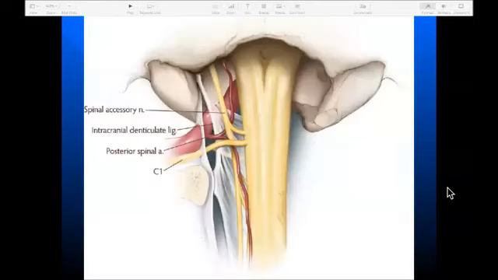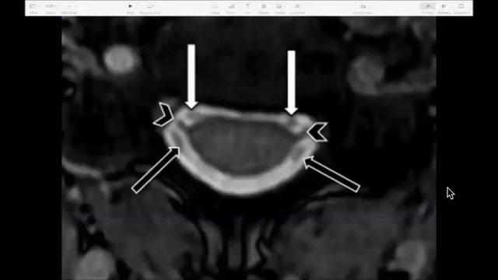So if we take a close-up of that area, we can see how disruption of the position of the atlas vertebra can potentially affect a number of structures in the area: the spinal accessory nerve, the intracranial dentate ligaments, the posterior spinal artery, and of course, C1. This problem is complicated in Chiari malformations where we have caudad migration of the cerebellar tonsils.